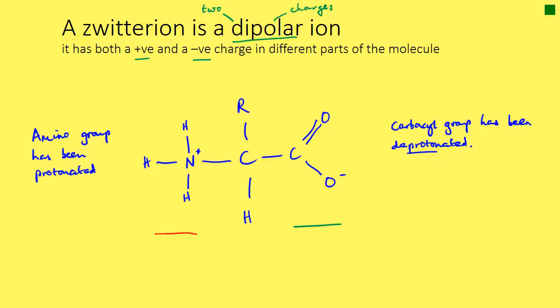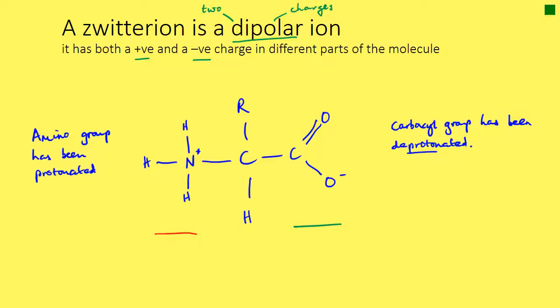Di, as you know, would mean 2, and polar, think of charges in this case, as in electric charges. So it's going to be an ion that has 2 charges on it. So as we've said in the suffix here, we've got a positive and a negative charge in different parts of the molecule. So let's draw one to illustrate it.